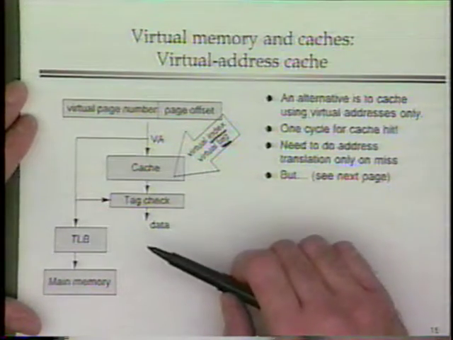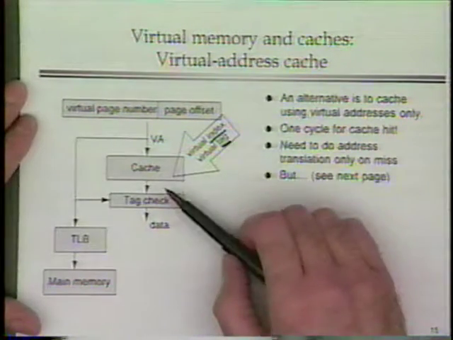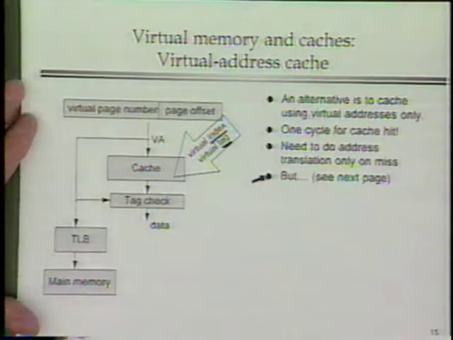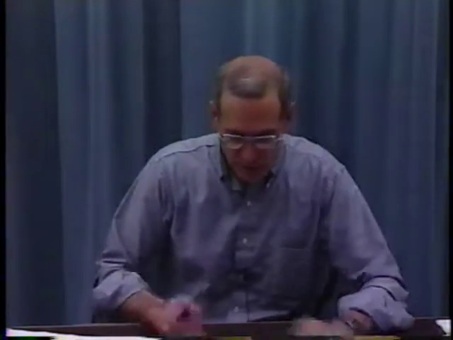Well, this solves at least one problem. It allows us, in most cases, to get back to a 1-cycle memory access. The problem is that there are lots of other problems. And the next slide talks about some of them.